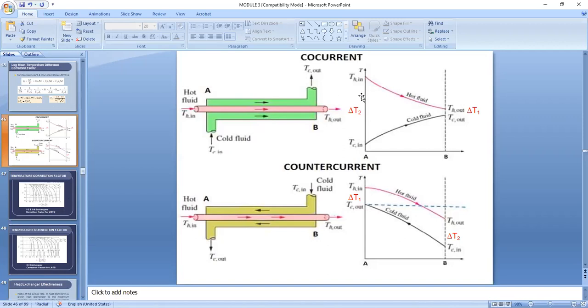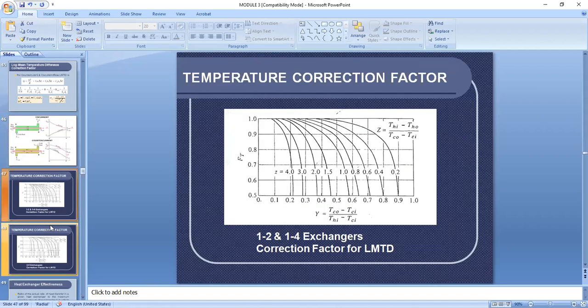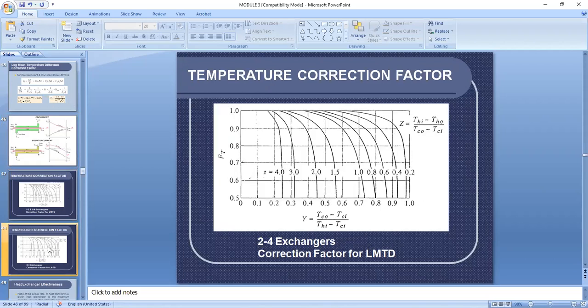Okay, so now that you know the delta T1 and the delta T2 that you will place in the delta T log mean, the next thing to determine is the temperature correction factor. You have equivalent diagrams in your handbook.